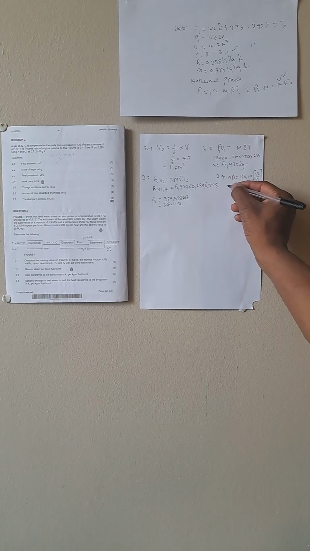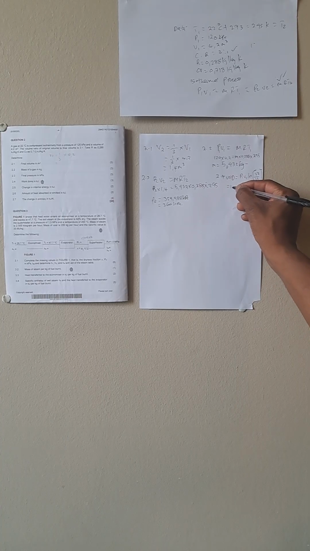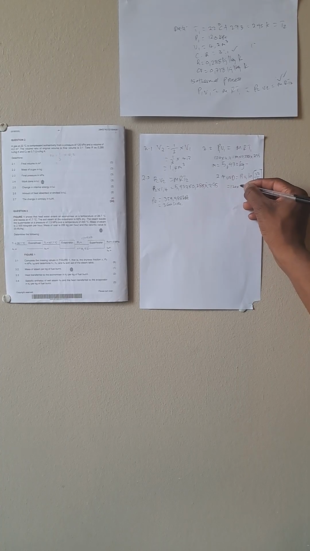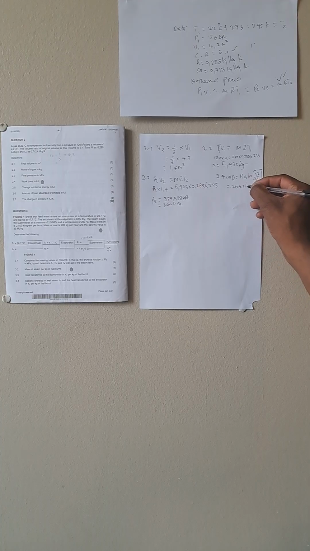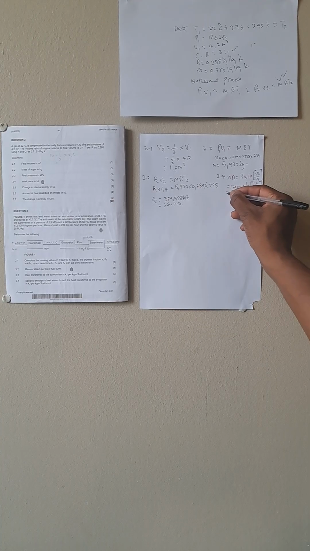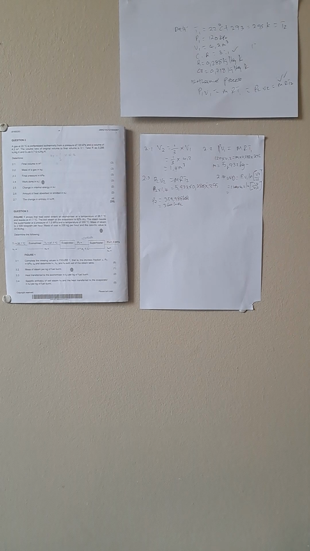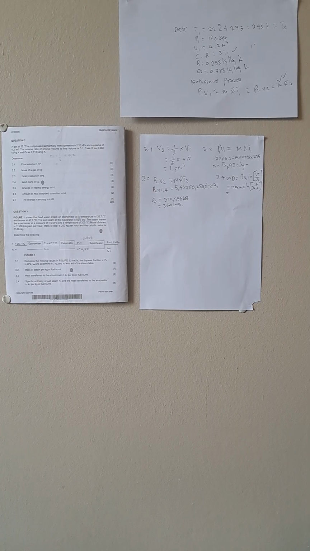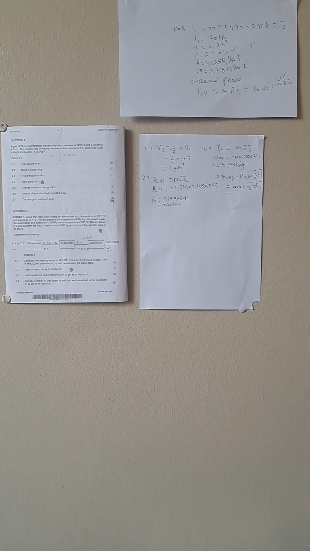If you are to use this one, we have our P1, which is 120, our V1 is 4.2, ln of our V2, which we got as 1.4, divided by our V1, which is 4.2. So let's substitute: 120 times 4.2 times ln of 1.4 divided by 4.2.